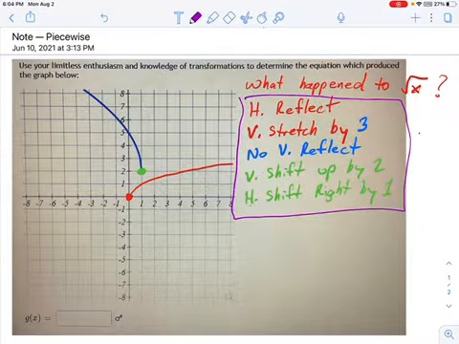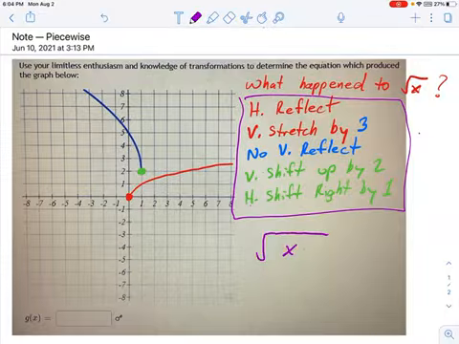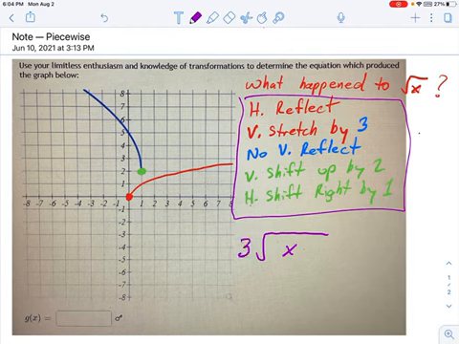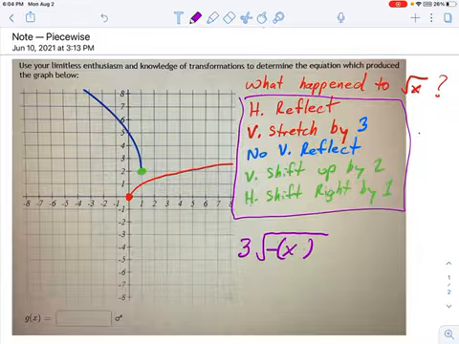So let's just start off with a regular old square root of x. Well, there's a vertical stretch of 3. So that goes right here, outside the square root sign. And we're shifting, let's not do shifts yet. Let's do that horizontal reflection. That's going to be a negative sign, like this, negative x.